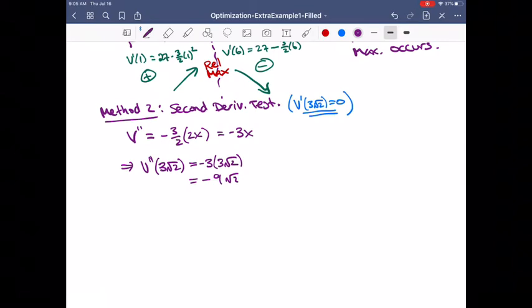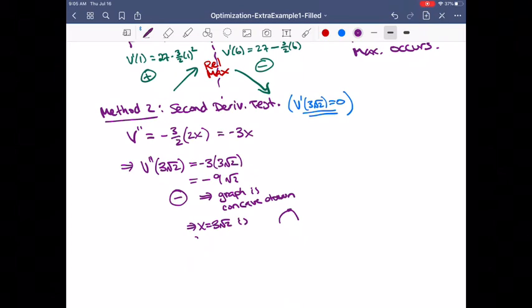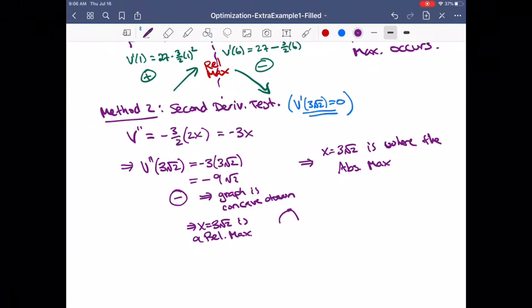It's a negative number, which means the graph is concave down. So our critical number has to actually be at the top. So x equals 3 root 2 is a relative maximum. Again, that means we have found where the absolute max occurs.